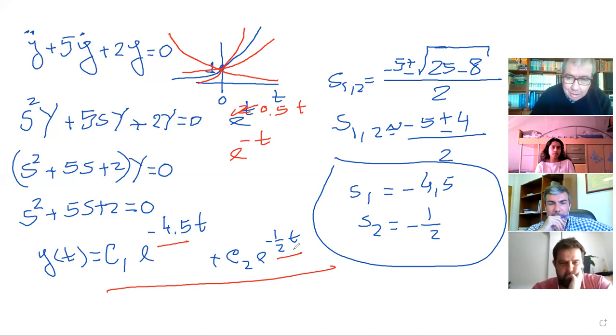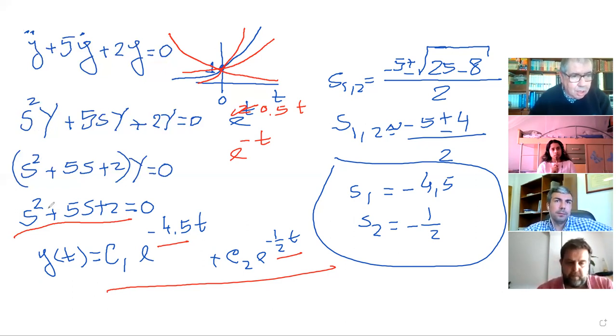Now, how can we study the stability, in linear systems at least? You can study the stability in linear systems by writing the characteristic equation. So by applying the S, where you have a derivative, you have an S, an S square and so on, and write this equation, and then find the roots. If all the roots have negative real part, you are stable. Otherwise, you are unstable.